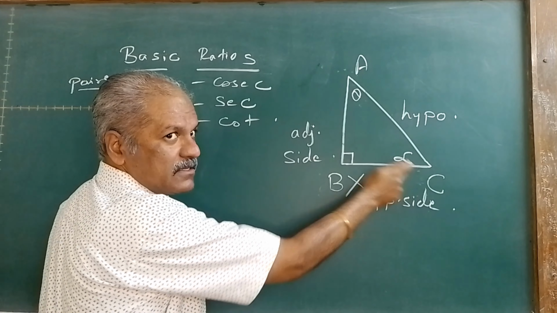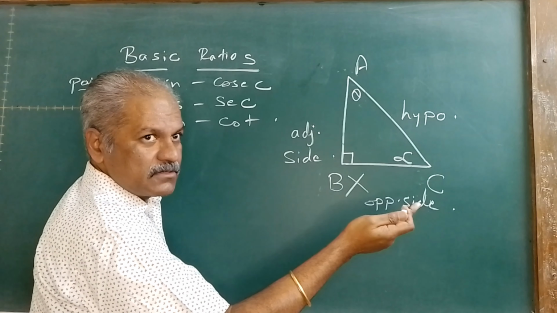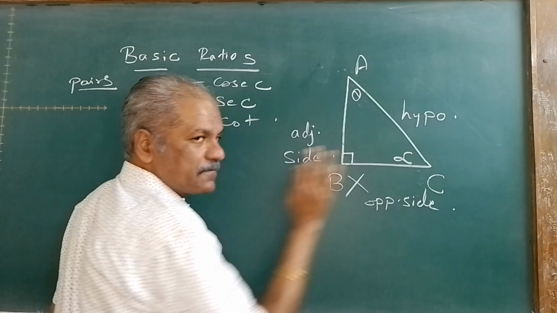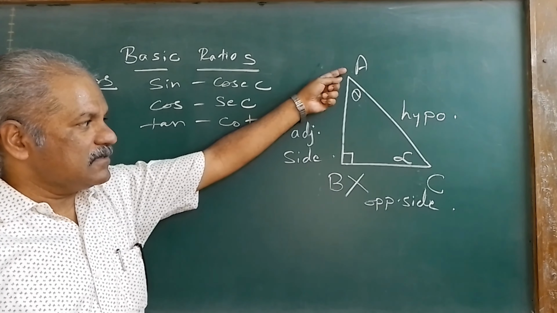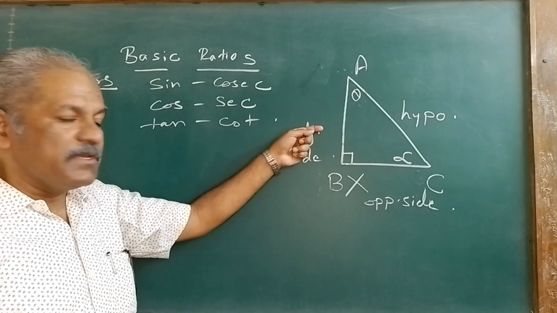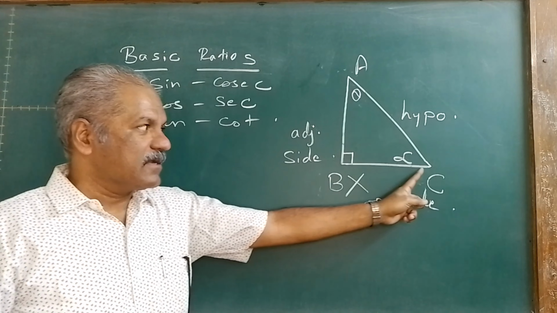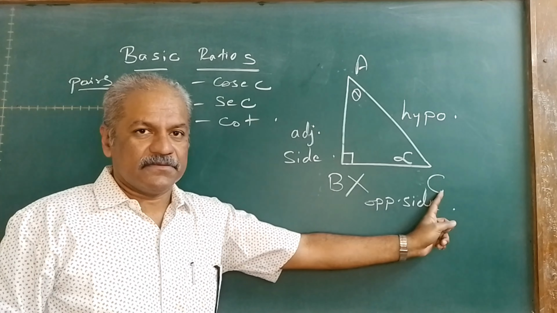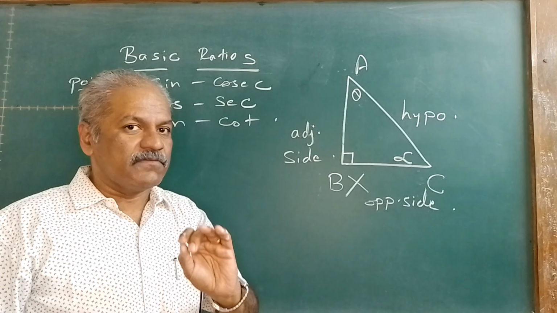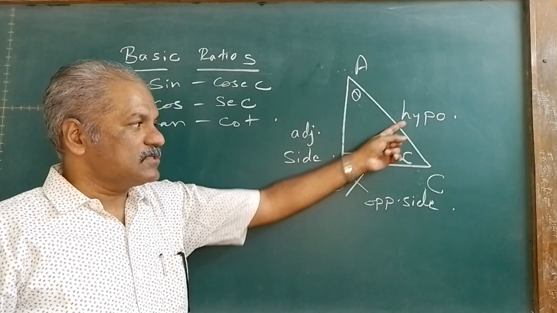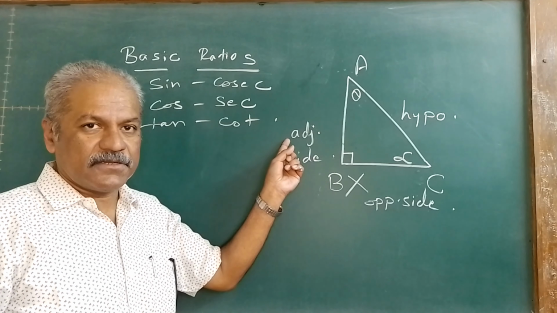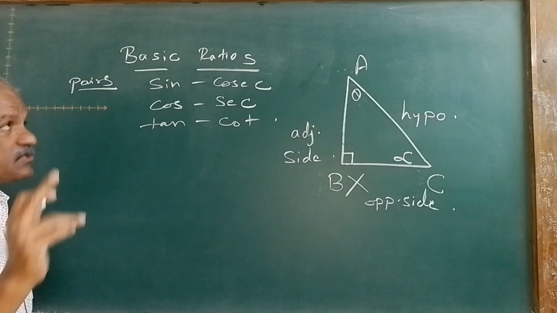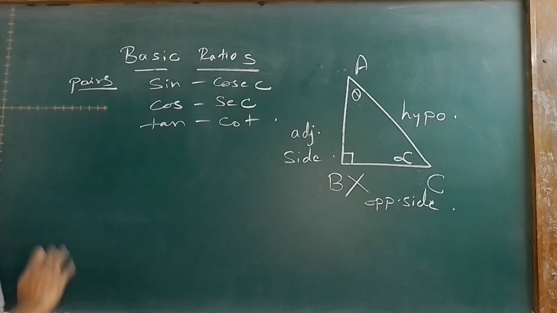Opposite means in front of that angle. And for angle C, the adjacent side will be BC. For angle A, BC is the opposite side, AB is the adjacent side. If you take angle C, AB is the opposite side and BC is the adjacent side. Triangle is there, so we will have only three sides: hypotenuse, opposite side and adjacent side.